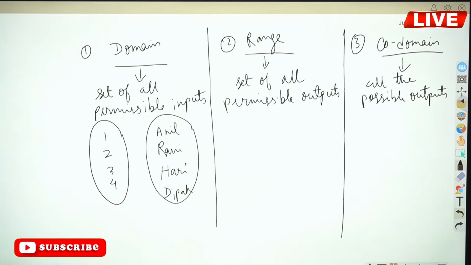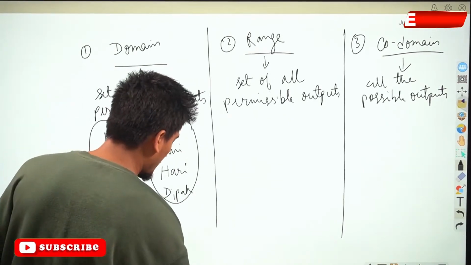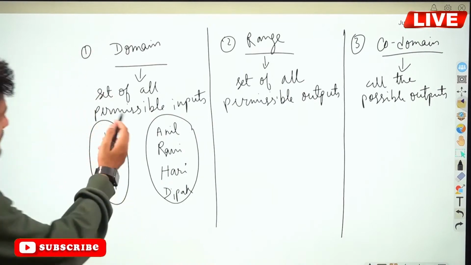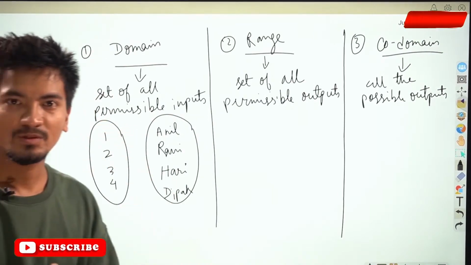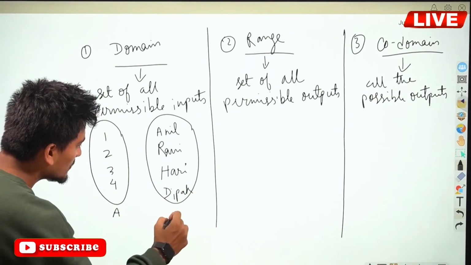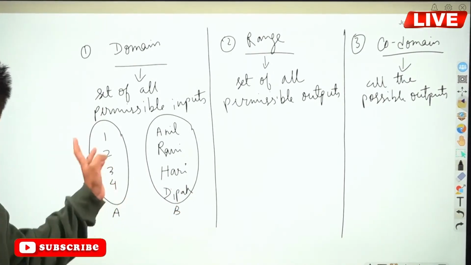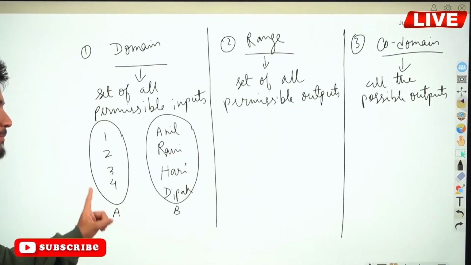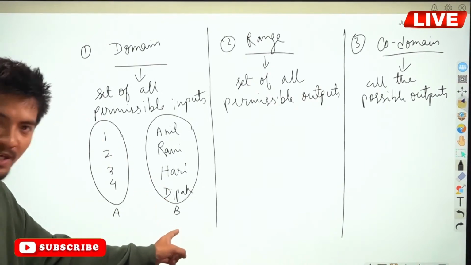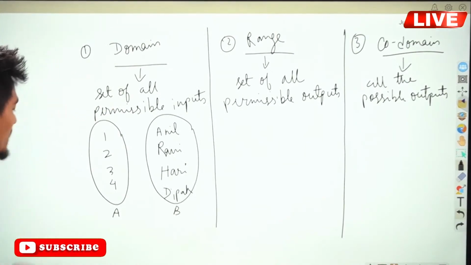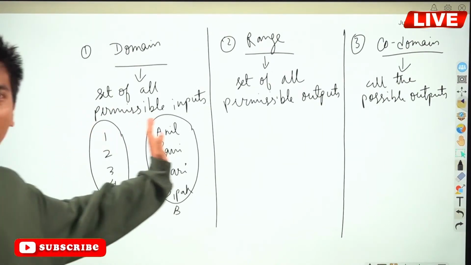Now see here. If I say that this relationship, the relationship from set A to set B, is the subset of the Cartesian product. So what will be the Cartesian product? How many elements will be in the Cartesian product?